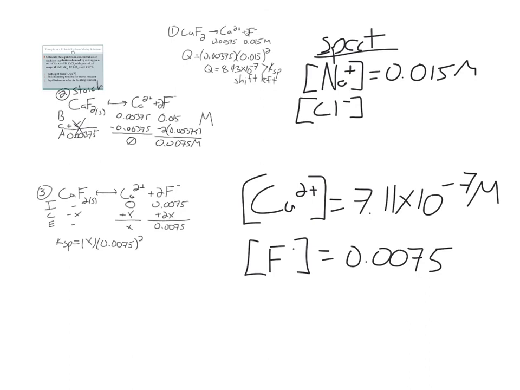So 0.00375 times 2 actually turns out to be the same as, well, one second. So 0.0075. Coincidentally, the same as the fluoride after the fluoride had reacted. But that's how we do this.